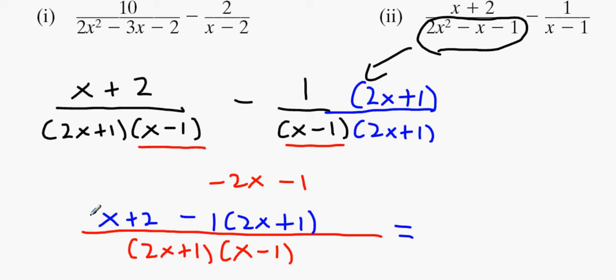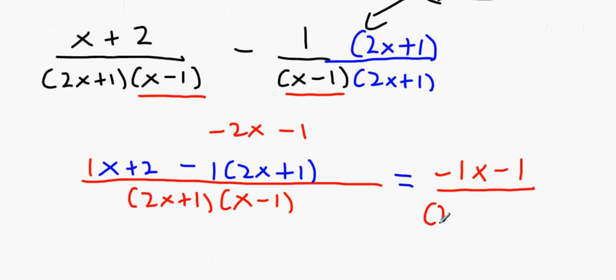So 1x minus 2x is minus 1x, plus 2 minus 1 is minus 1. And that is all going to be over 2x plus 1 into x minus 1. There's nothing we can cross off on the top there.